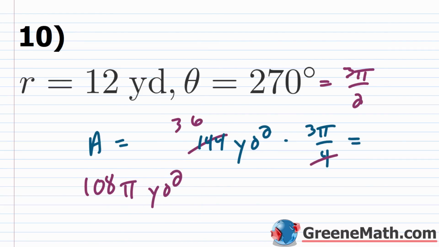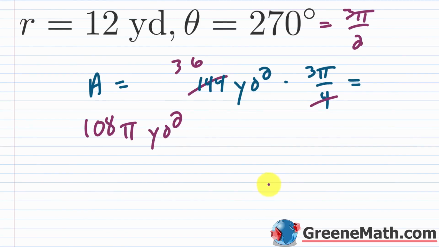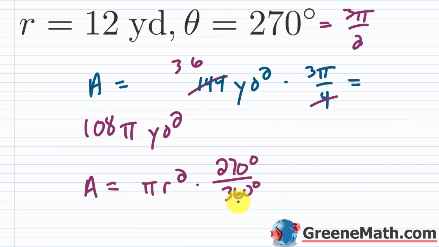Now, if you want to use your geometry formula, that's fine too. Again, start off with the area of a circle. That's pi r squared. And then just think about this is 270 degrees. You don't have 360 degrees. This is 3/4 of a full circle, right? So you put 270 degrees over 360 degrees, you're going to end up with 3/4. So let's put times 3/4.